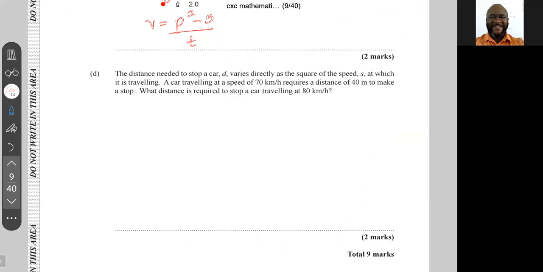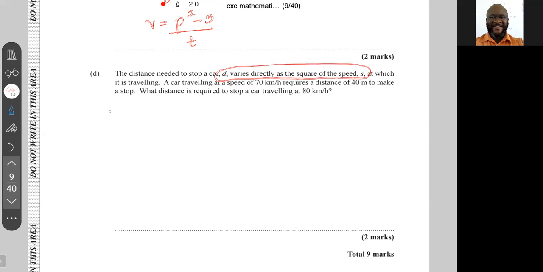And for the first step, you're going to convert the variation statement into a variation equation. This says D varies directly as the square of the speed S. That's the variation statement.